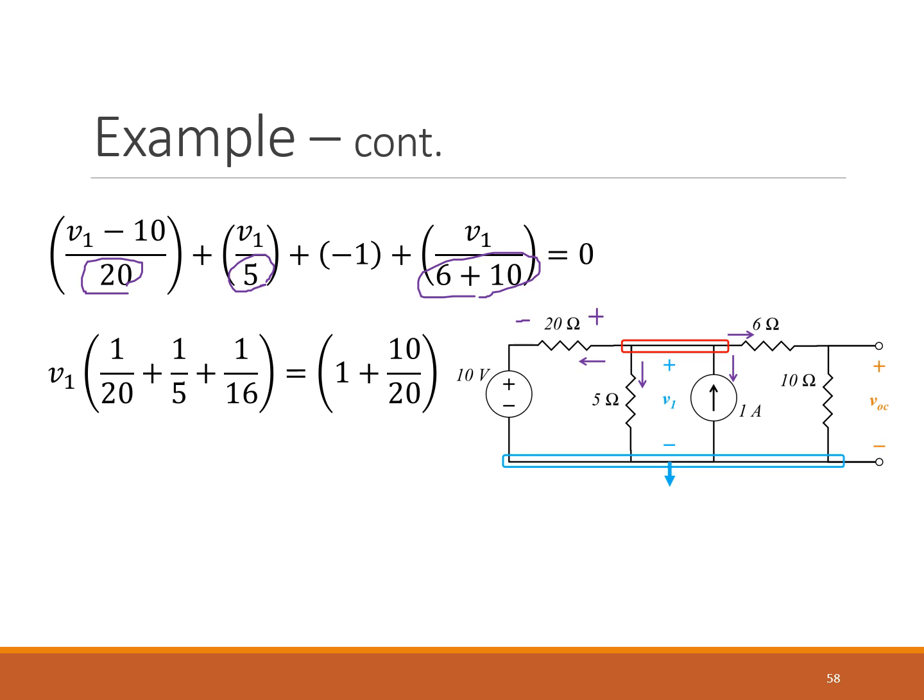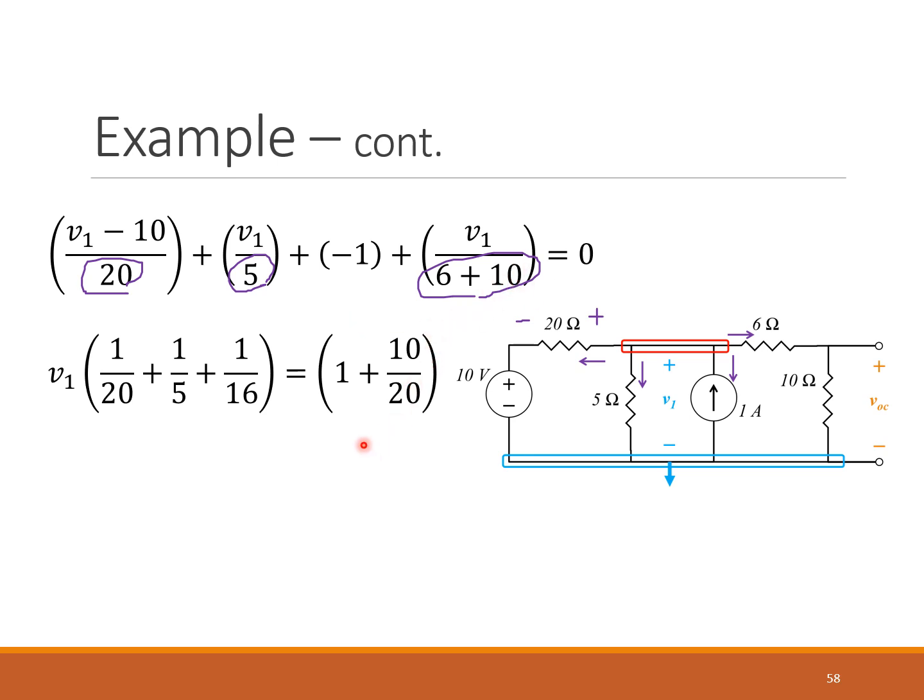So I've just factored out V1, which is multiplied by 1/20th in this first term, by 1/5 in the second term, and by 1/16th in the fourth term. I just keep all of these factors that are multiplying V1. I move my constant terms to the other side, so -10 over 20 becomes +10 over 20, and my -1 becomes +1. I'm just keeping all the fractions, again, to avoid making a simple math mistake when simplifying that.